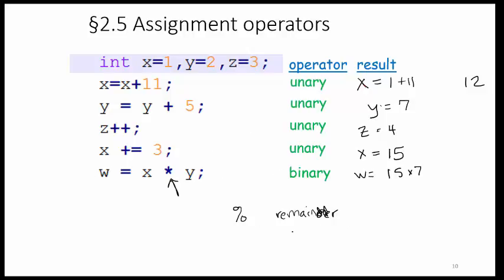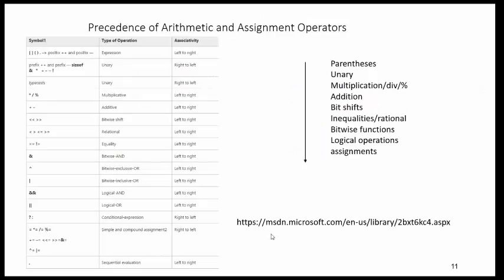Let me show you the full precedence of operations. Your book has a subset, but I'm going to show you the full one from the Microsoft website. So if you go to msdn.microsoft.com, there's a library all about C programs, because C is a standardized language.